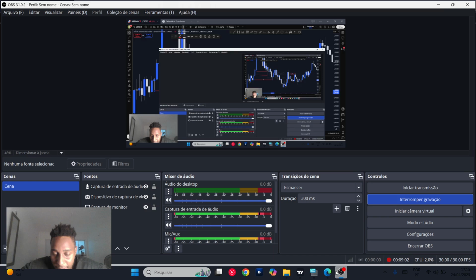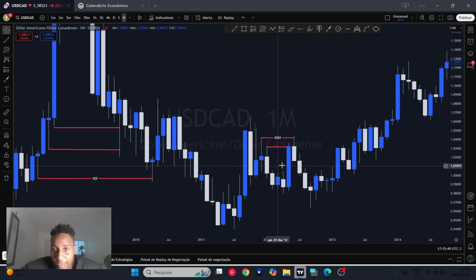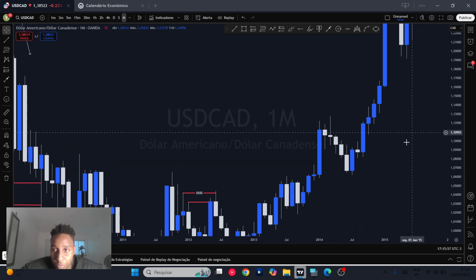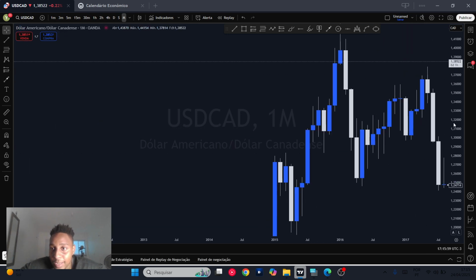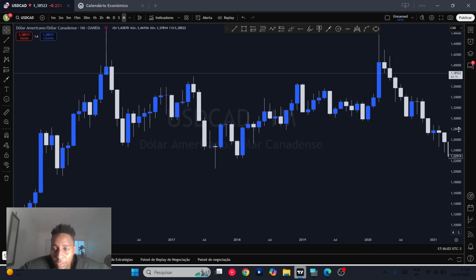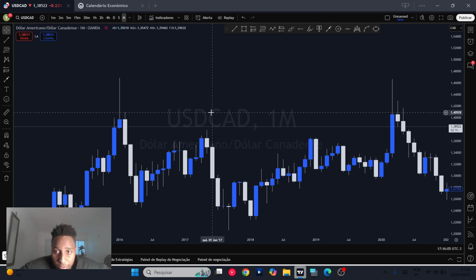So I believe you guys can see and understand these concepts as well as I'm seeing right now. So this is basically how it applies in the monthly time frame. If you're a position trader, I will teach you how to place positions as a position trader, but yeah, it won't be right now.